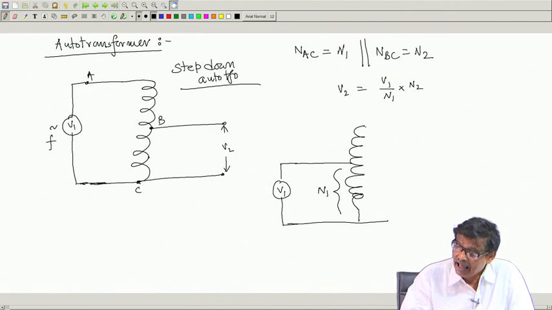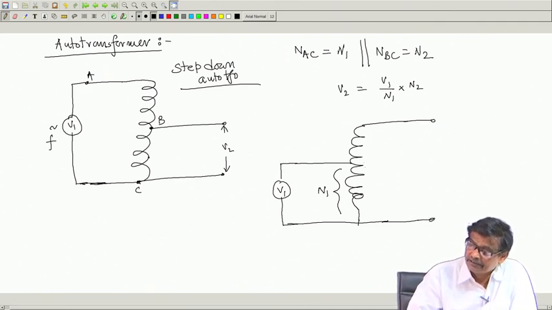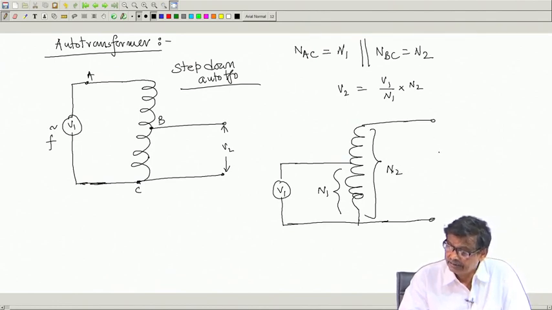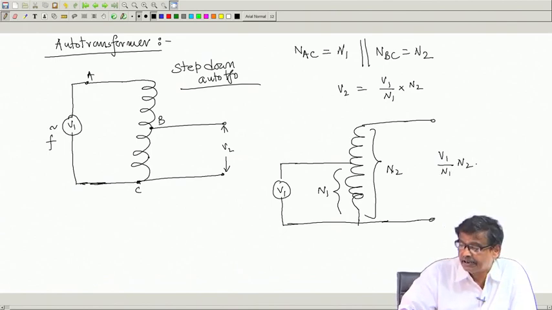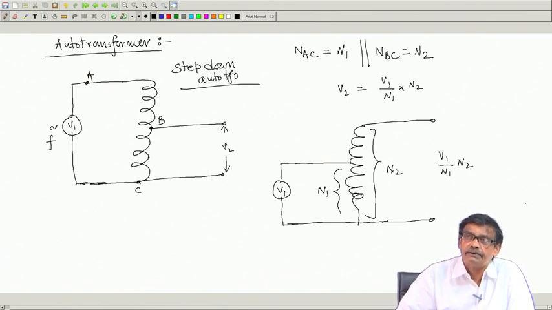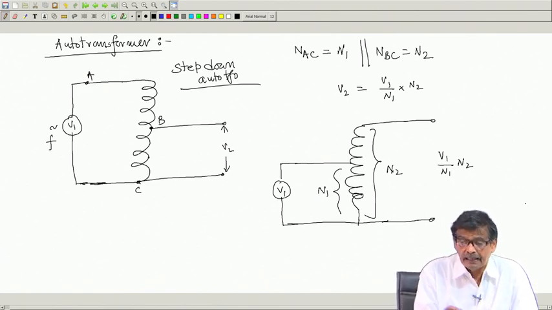And from here you will take the output. Voltage per turn remains same, this is N 2 number of turns. So, available voltage here on the secondary side will be V 1 by N 1 into N 2, but since N 2 is greater than N 1, you will get higher voltage on the secondary side.